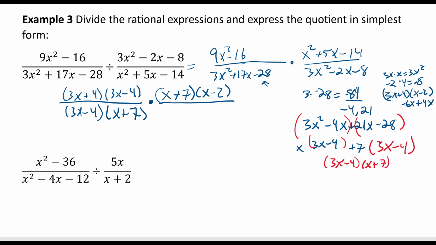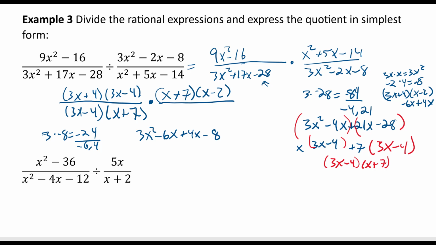If you want to do it the long way, let's do it the long way. So we have 3 times negative 8 is negative 24. So we're looking at factors of negative 24 that add to be negative 2. So negative 6 and 4 come to mind. So think of 3x squared minus 6x plus 4x minus 8.